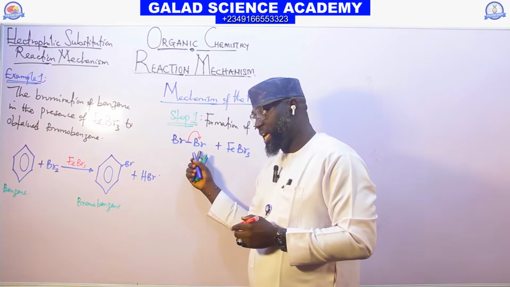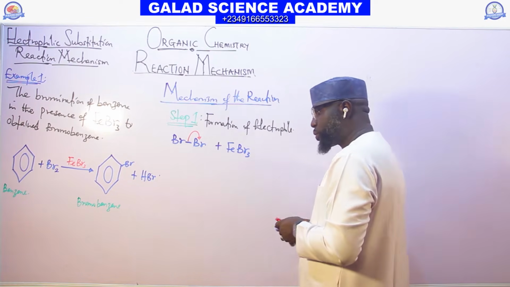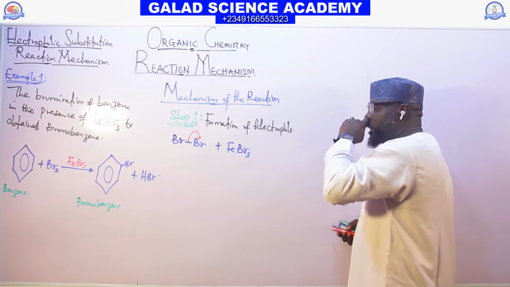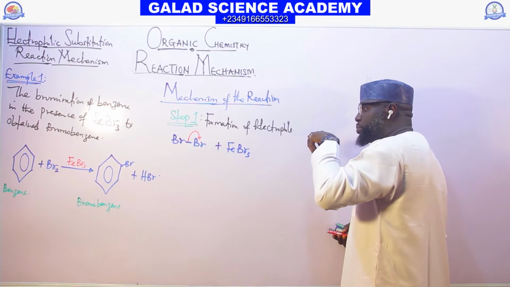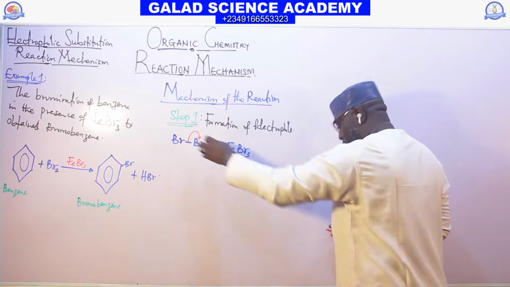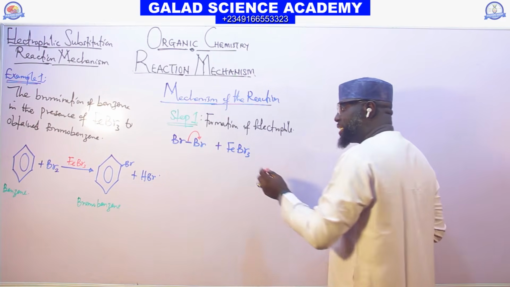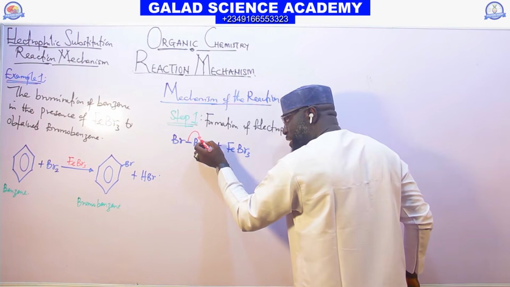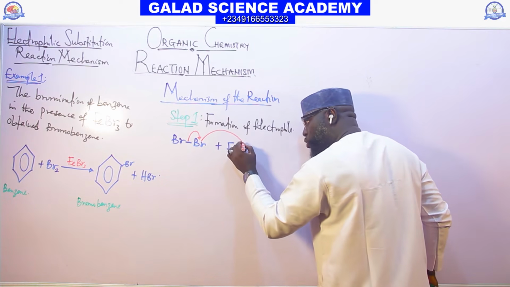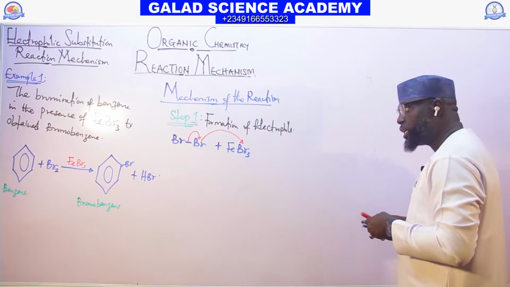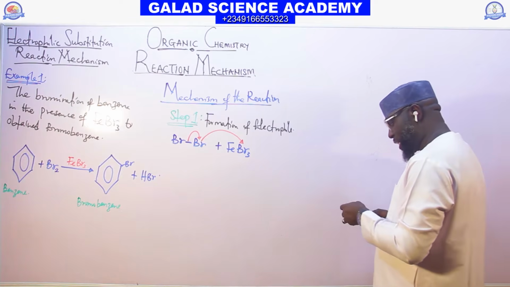If they shift to this Br, at the end of the day, this one will become positive. Here we have negative. So the bond electron should shift to this Br. It will have positive, negative, abi. And here we have positive. This Br will now come back towards the catalyst.